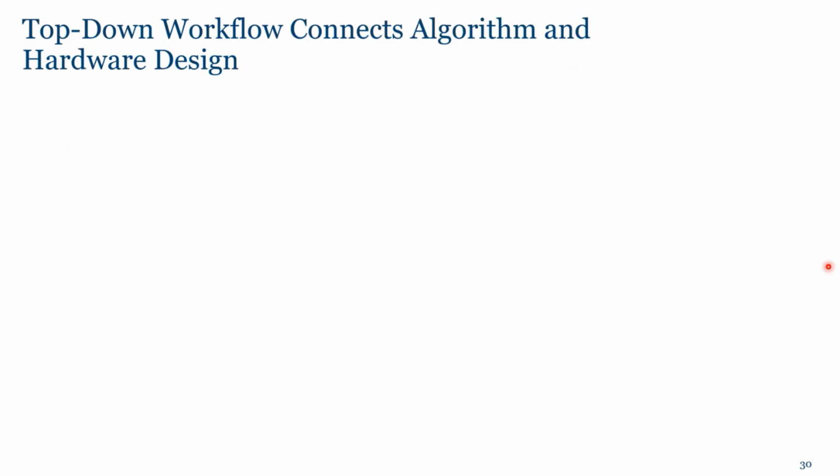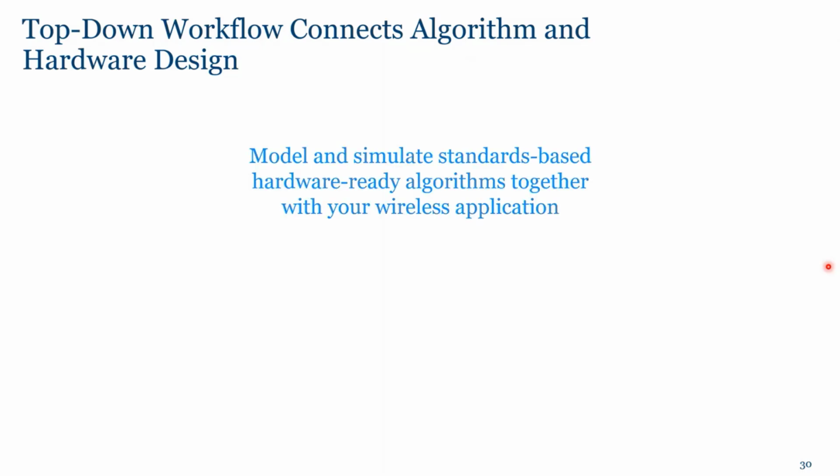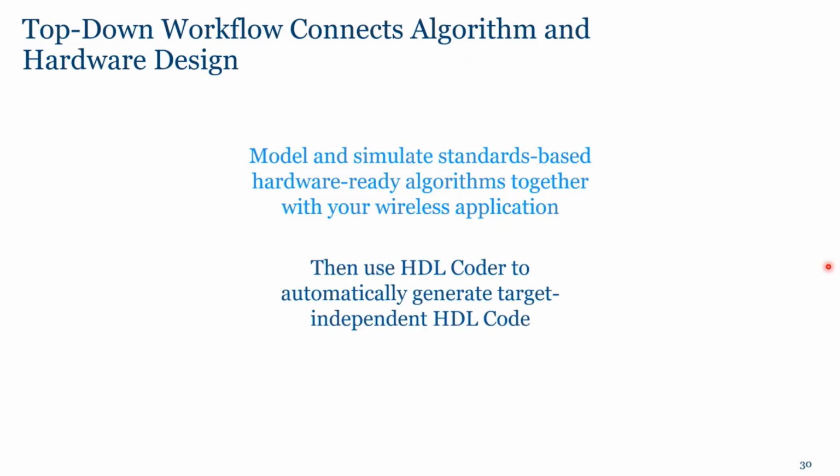And we believe that to have an efficient workflow that connects algorithm and hardware design, we should have a top-down approach where we start with modeling and simulating the standards-based or hardware-ready algorithm together with the wireless application, and later use HDL Coder to automatically generate target-independent HDL code, right?